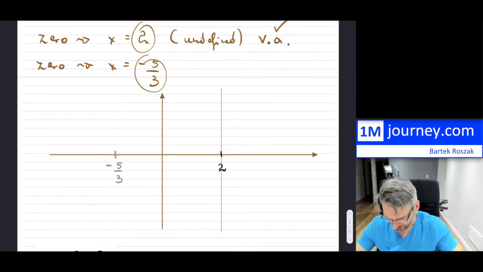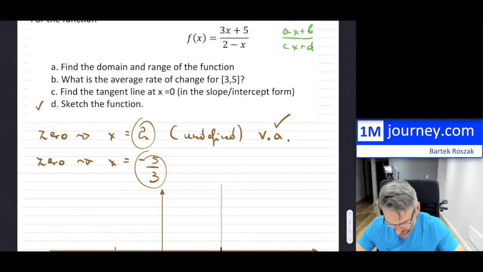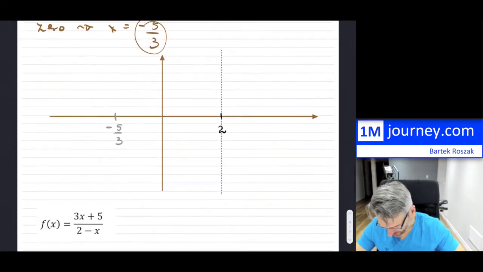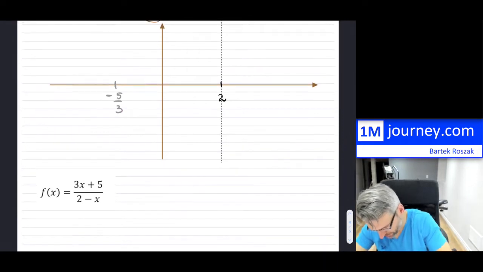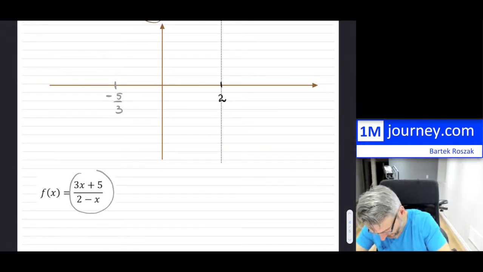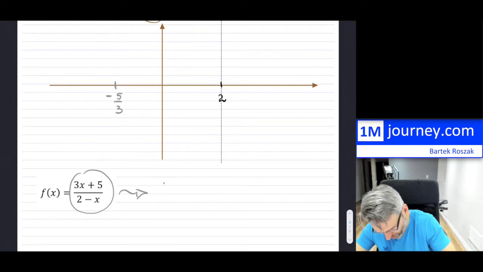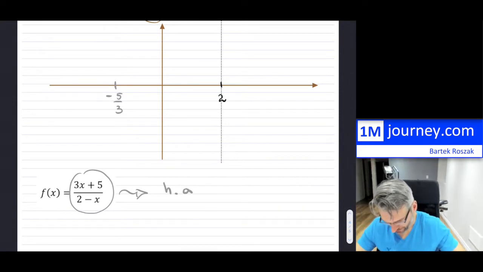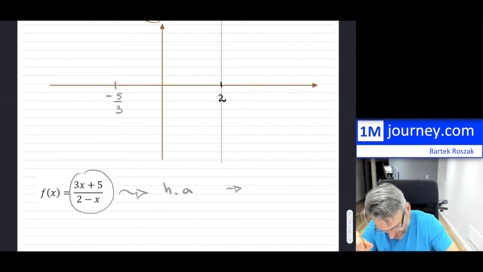Now notice in here, we're going to have a horizontal asymptote. On the right-hand side, as x gets bigger and bigger, that is going to be negative 3.